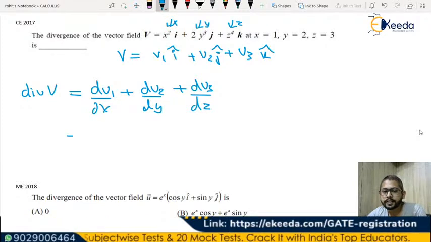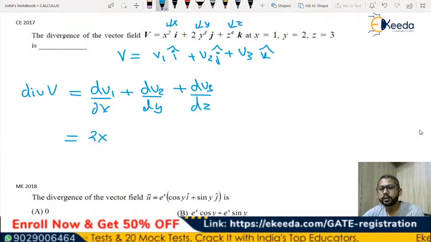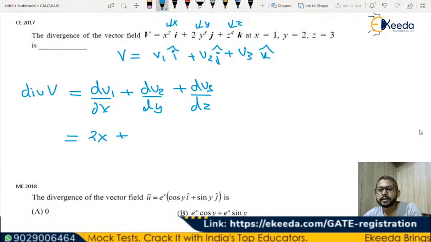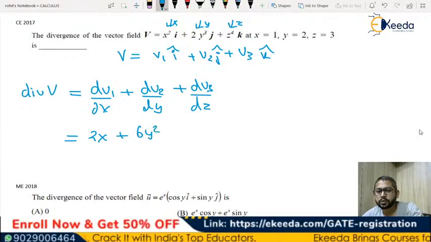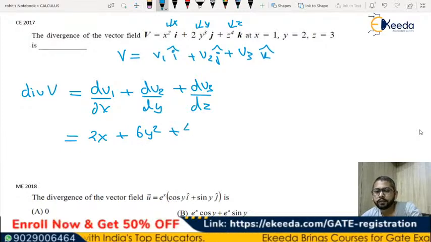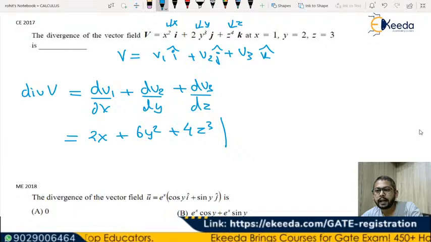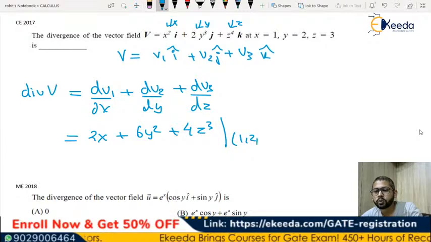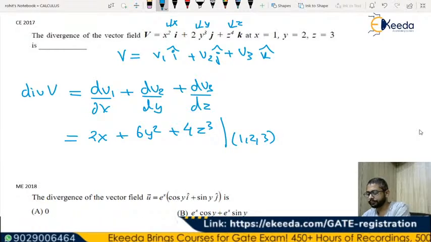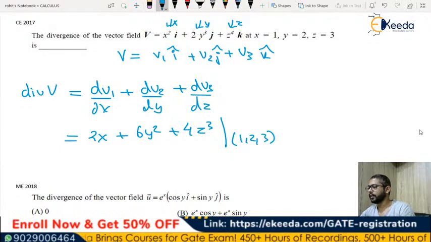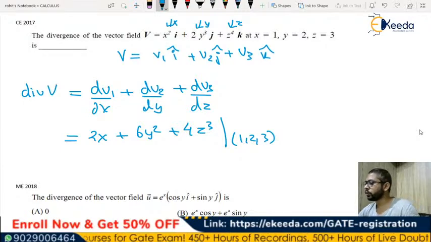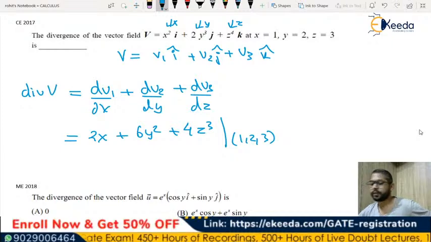So x square differentiated will give you 2x, and y cube gives 6y square, and the third term differentiated will be 4z cube, and the point is also given as 1 comma 2 comma 3. Put it in. You can put this in, and I will help you with this. The value is going to be 134.